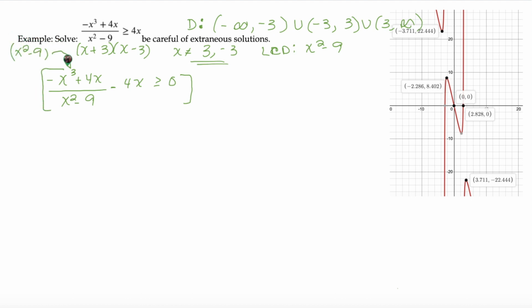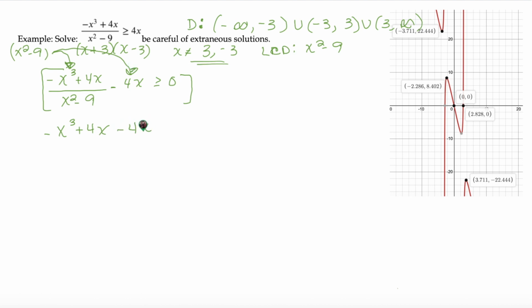When I multiply my first term by x squared minus 9, the x squared minus 9 disappears, and all that is left is negative x cubed plus 4x. When I multiply x squared minus 9 by negative 4x, nothing simplifies.